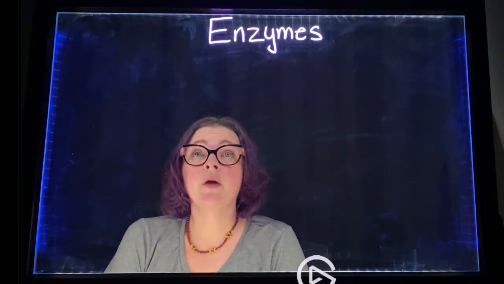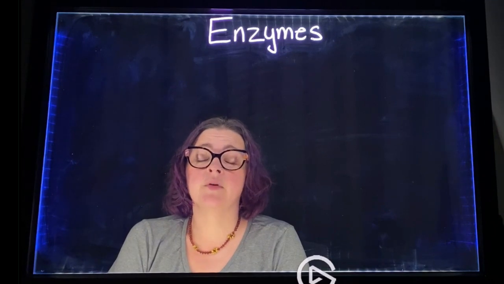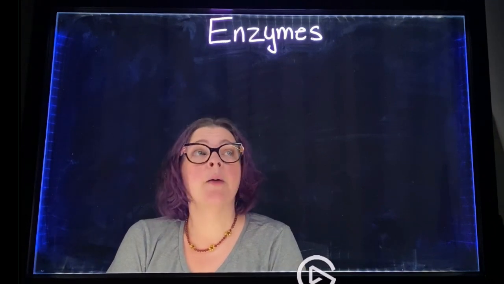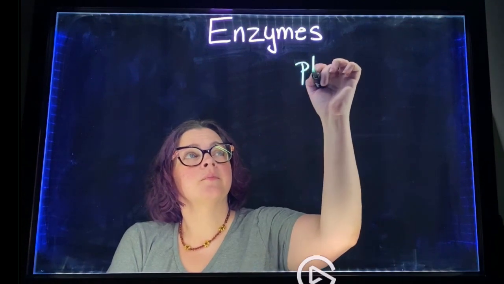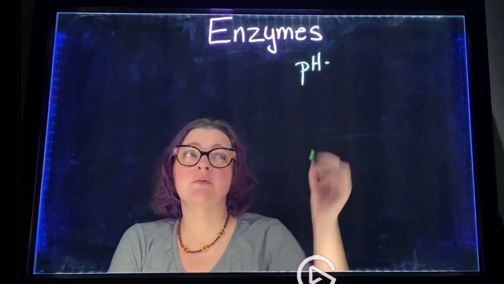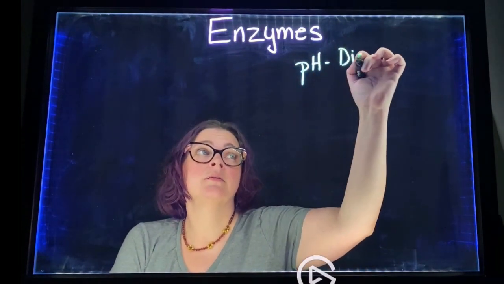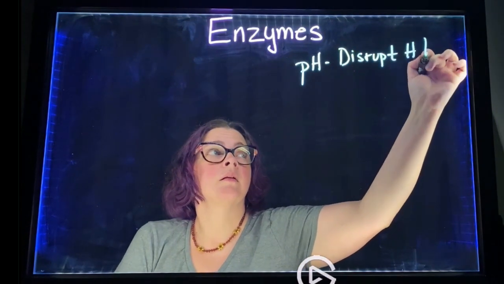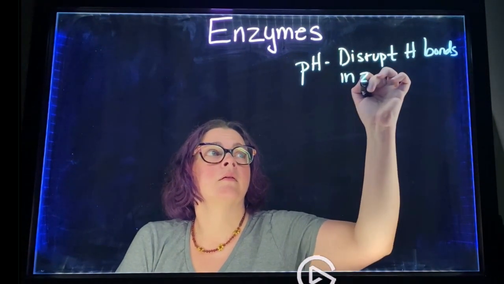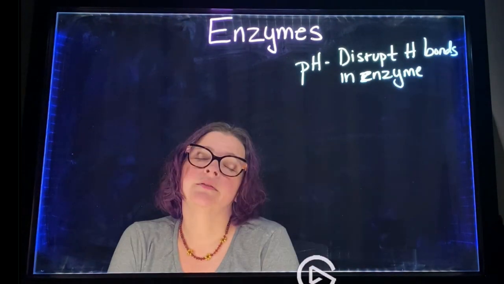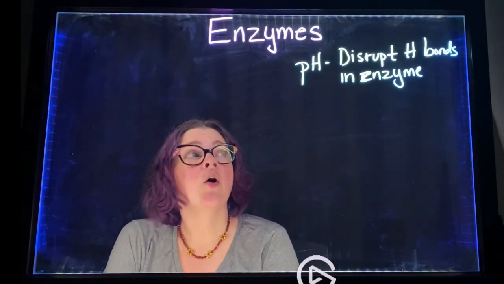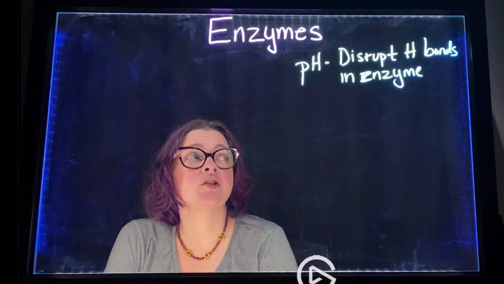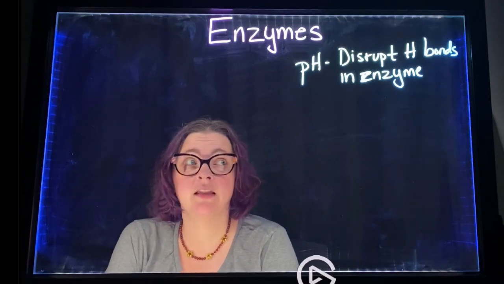Okay, so with pH and enzymes, pH is essentially going to disrupt the hydrogen bonds. With denaturation, pH is going to disrupt the hydrogen bonds within the enzyme.